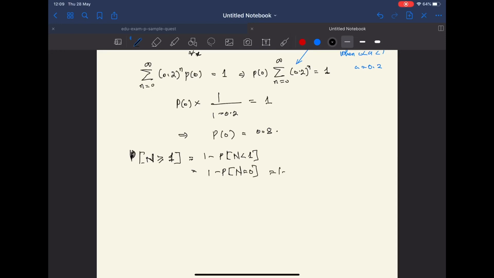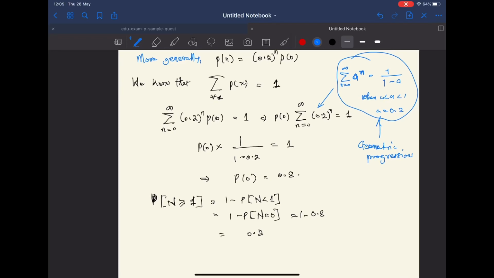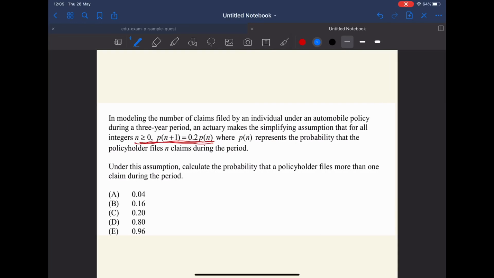And this is 1 minus 0.8, which gives us 0.2 as an answer. This value here is from our knowledge of geometric progressions. Right, so this helps us. So our answer here is 0.2.